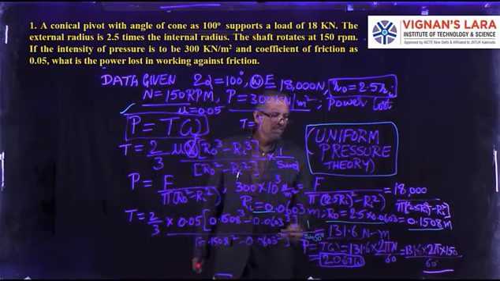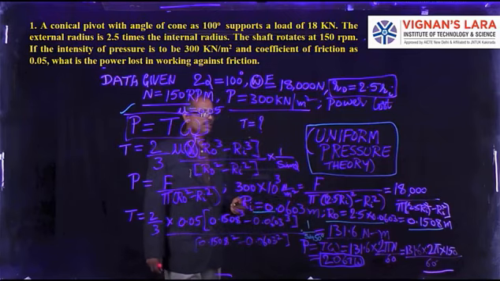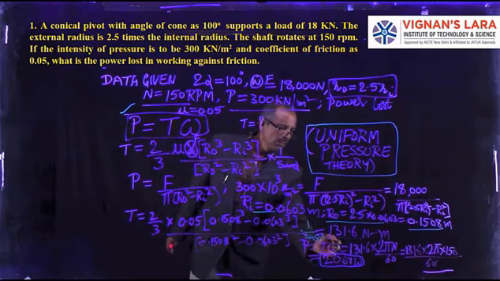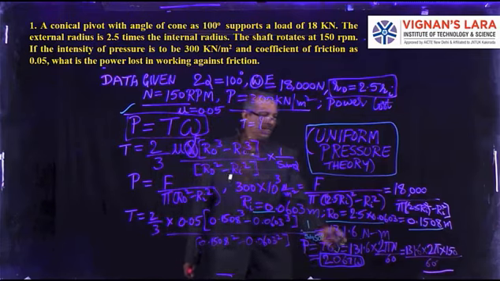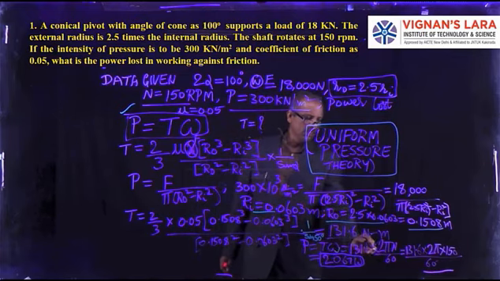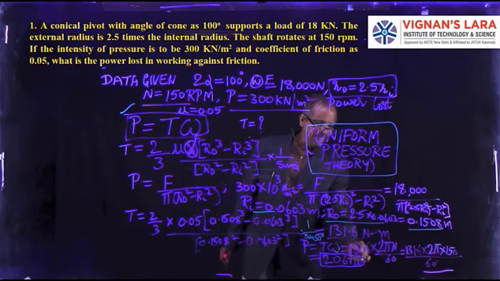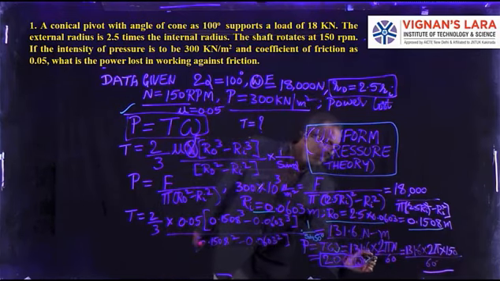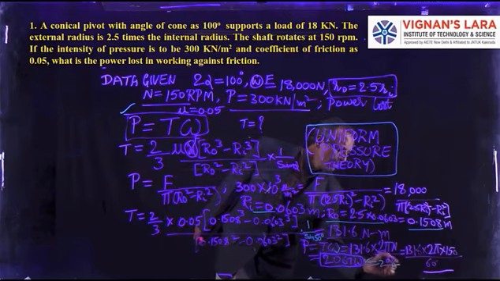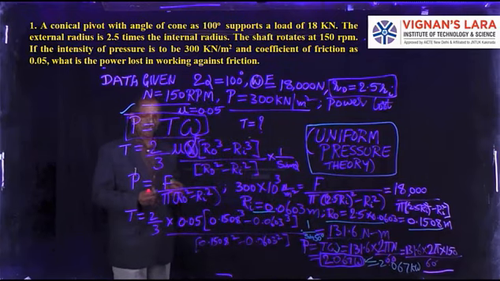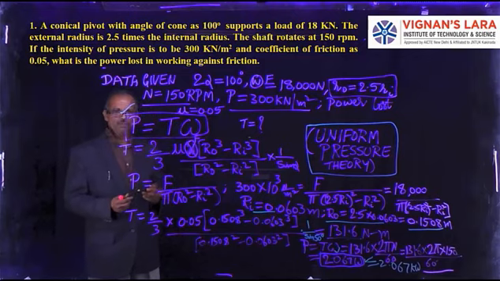This will give you 131.6 Newton meter. Then power is equal to T into omega. Omega is 2 pi n by 60, and n is given as 150. So 131.6 into 2 pi n by 60, you get 2067 watts, which is nothing but 2.067 kilowatt. Okay, so this is the solution for this problem. We will see the second problem.